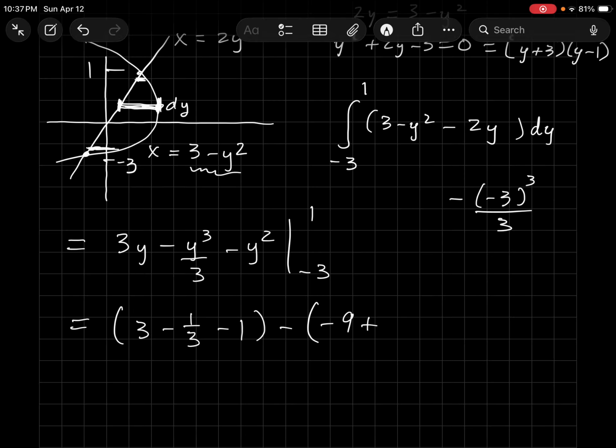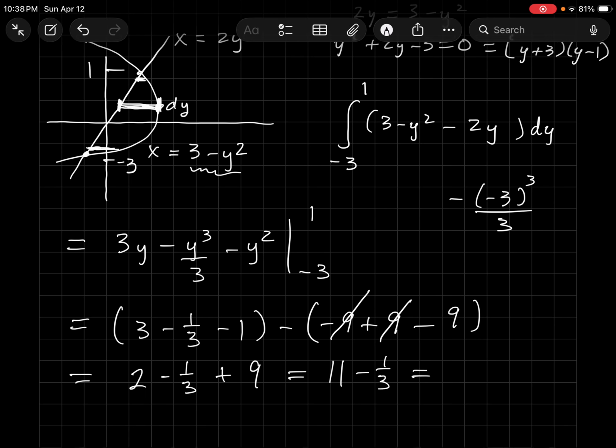That'll simplify to positive 9. And then minus negative 3 quantity squared gives us another 9. Let's simplify this down a bit. Those will cancel. In the front part we get 2 minus a third. In the back part we get plus 9, giving us 11 minus 1/3, or 32 thirds, which is the area of the shaded region bounded by those two graphs.